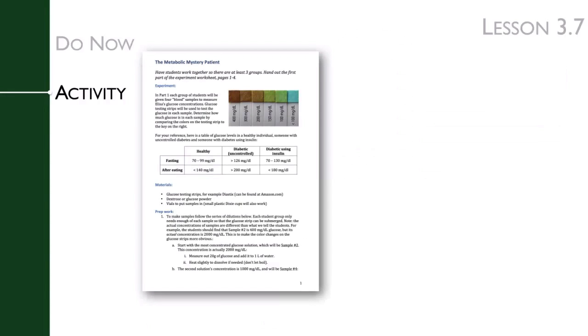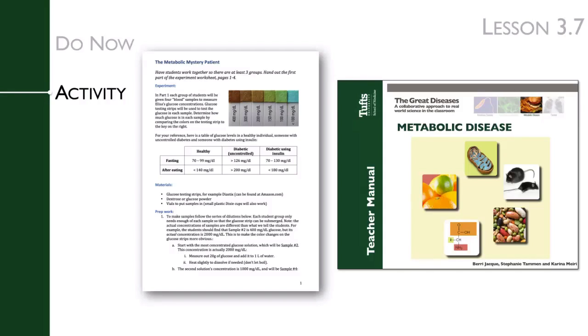You can review all of this information in the worksheet answer key. It has everything organized just as your students will be organizing it. Additionally, the teacher manual goes over all of the key concepts. You can also use the worksheet answer key and the teacher manual as a guide to prepare for this lab.